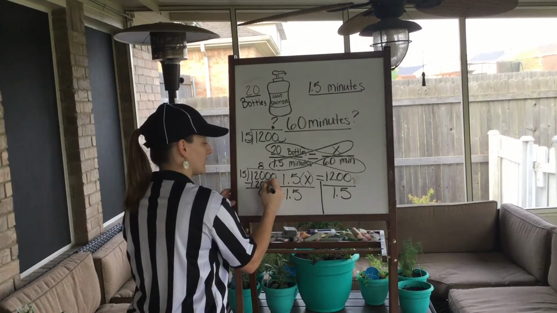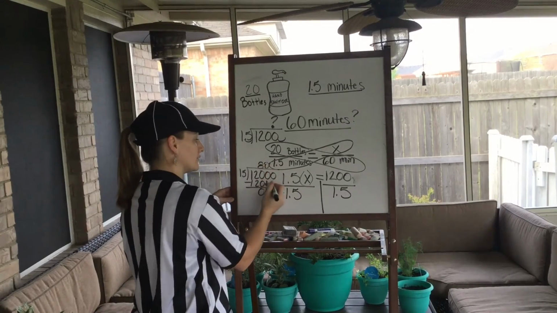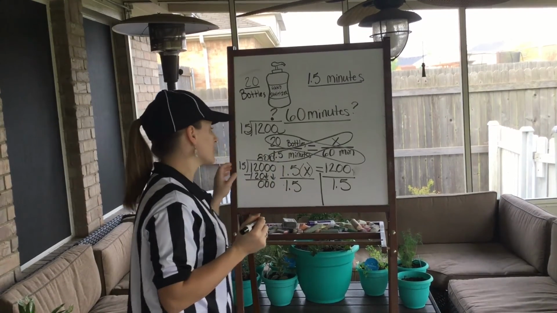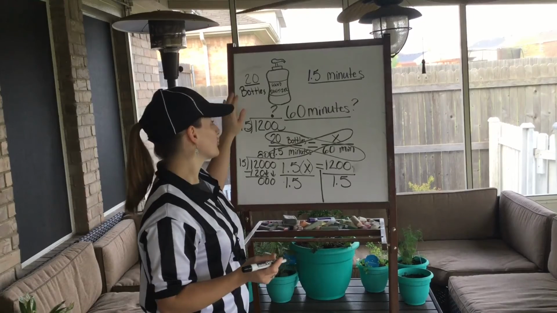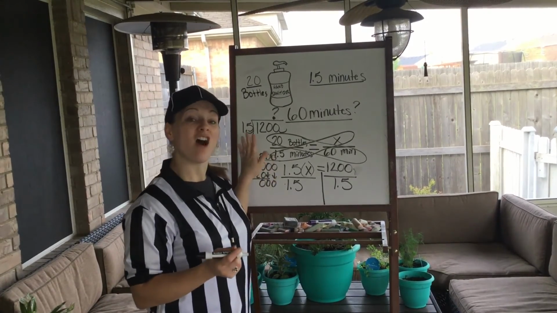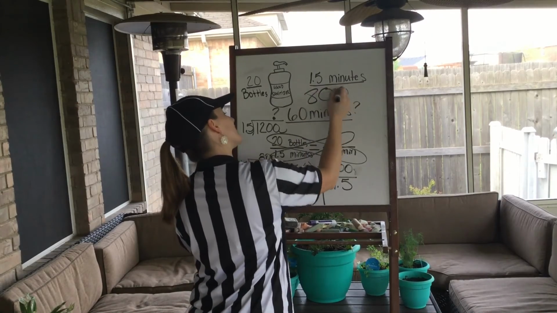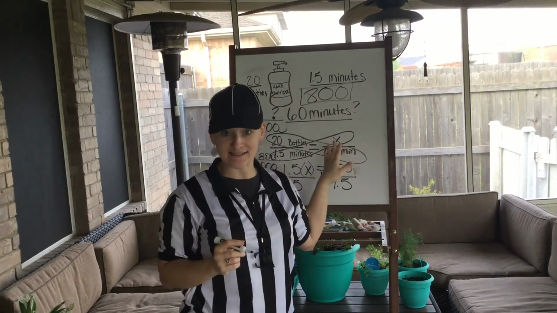And we get 0. And then if you notice, when we bring down the 0, 15 can't go into 0. And then we bring down the 0 again, 15 can't go into 0. So we now know that we can make 800 bottles of hand sanitizer in 60 minutes.